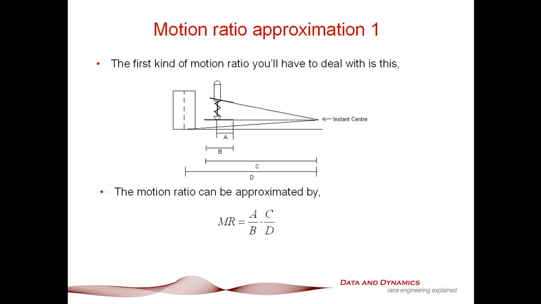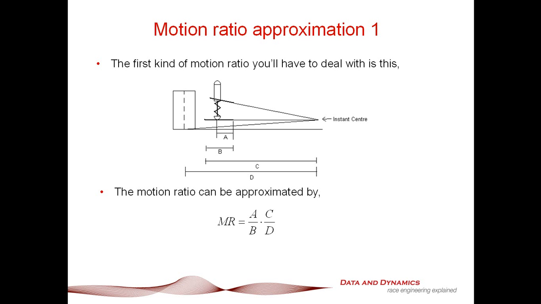You measure the pickup point from where the damper connects to the lower arm to where it pivots, A, divided by the length of the lower arm, B. And C on D is the length from the lower pickup point to the instant center, C, over the length from the top of the contact patch to the instant center, D.